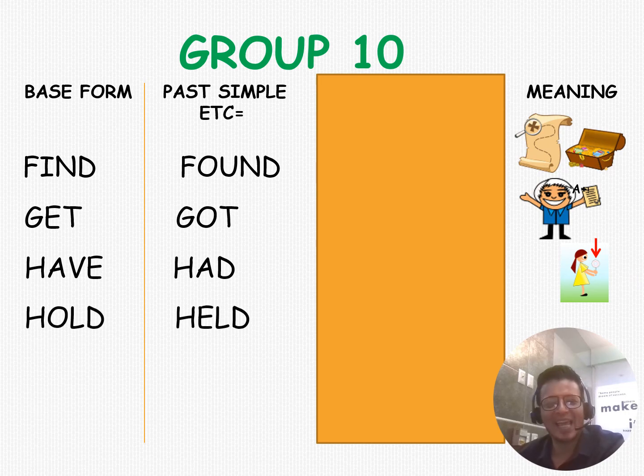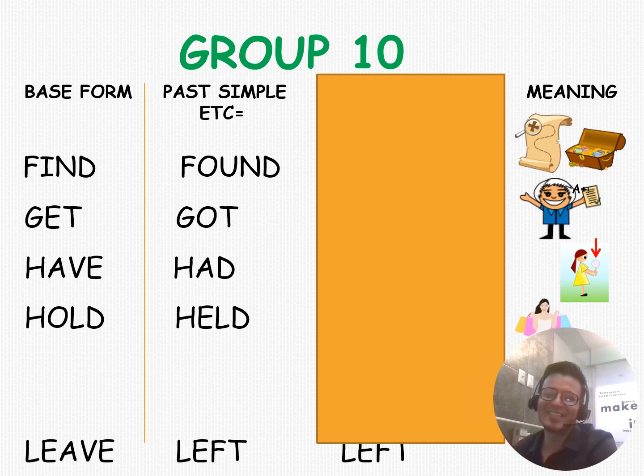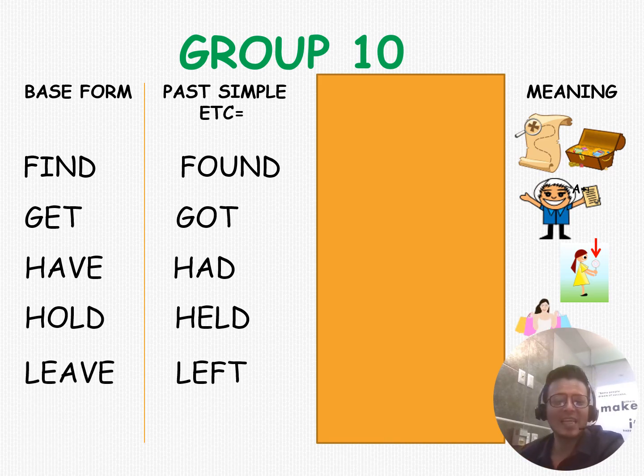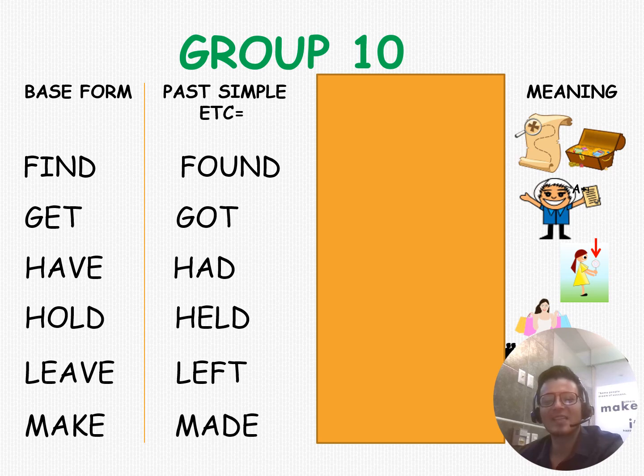Hold, held, held. The same as in past, just making it more difficult for those of you who are in advanced courses. Leave, left, and in participle, you guessed it, the same, left. Make, made, exactly the same, made.